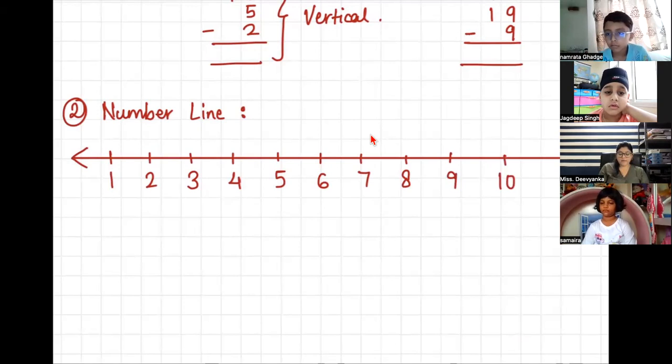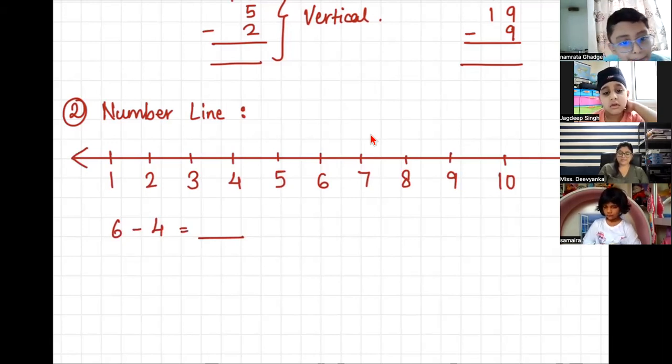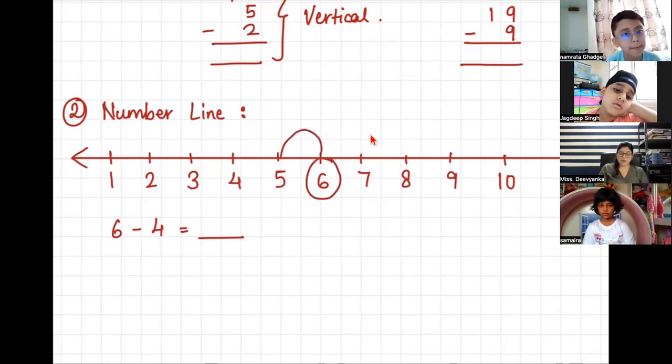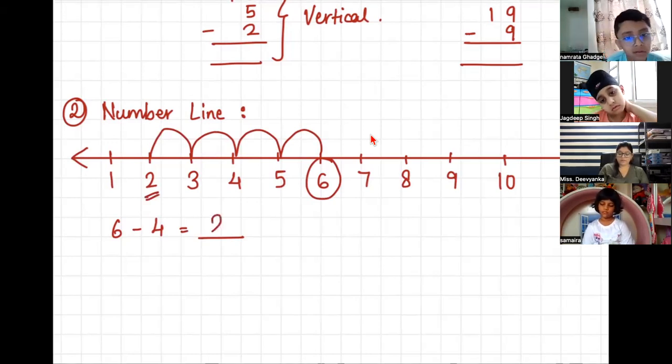If I'm doing 6 minus 4 is equal to what? So what do I do? First locate the number 6. And after that, go back 4 places. So 1, 2, 3, 4. Where did I land? On number 2. Hence, 2 is the answer.